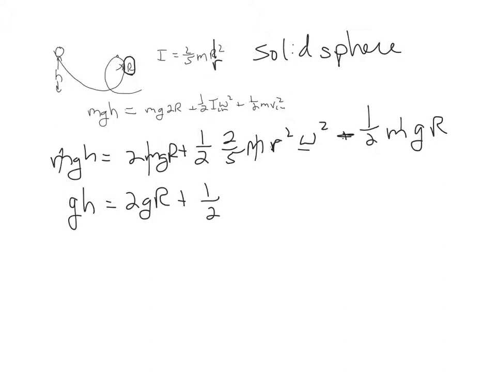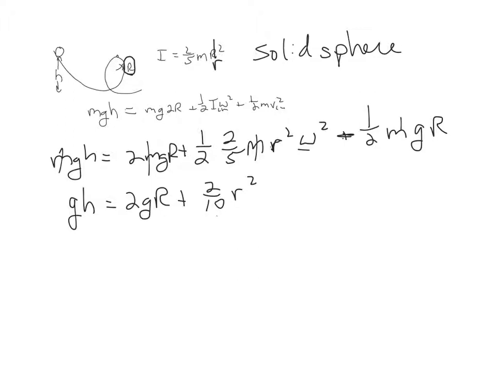Now we have to say this is moving, rolling smoothly. And that means there's a connection between the angular velocity and the linear velocity. I'm going to do that because I already started writing. So we have to get rid of omega. What is the relationship between omega and the translational velocity?